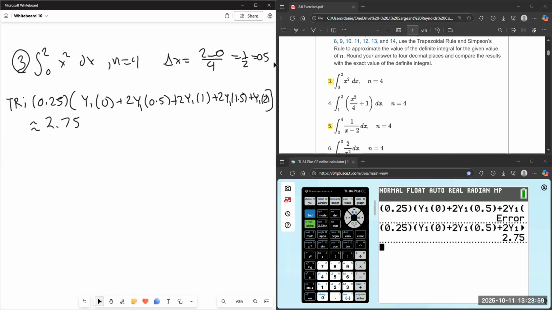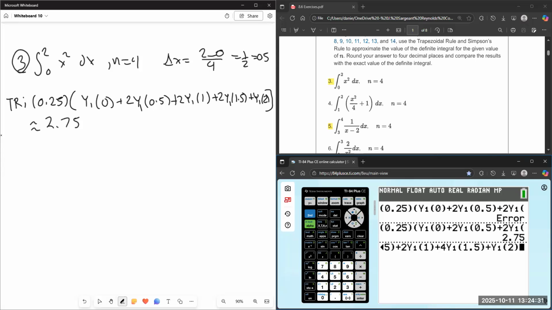So now I want a third of a half, which is a sixth. So I'm going to come here and make this 1 divided by 6. And then I'm going to change this 2 to a 4. I'm going to change that 2 to a 4. And I'm done.